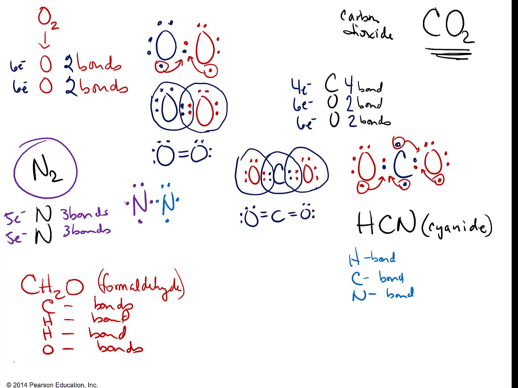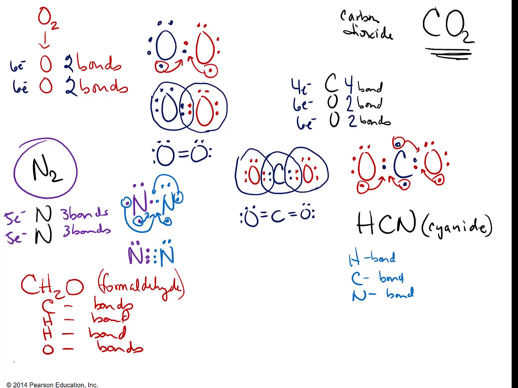So that's when you begin to move in between, move in between. You're actually going to end up with 3 pairs between the 2 nitrogens, and that's a triple bond. So 1, 2, 3, and then over on the other side would be a nitrogen, and it would have 1, 2, 3 as well.